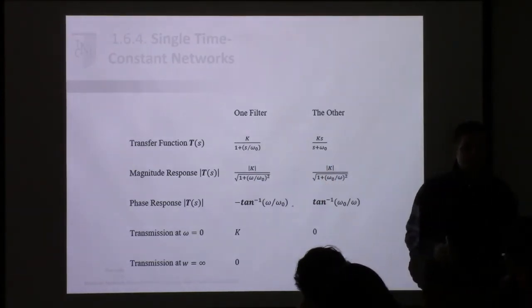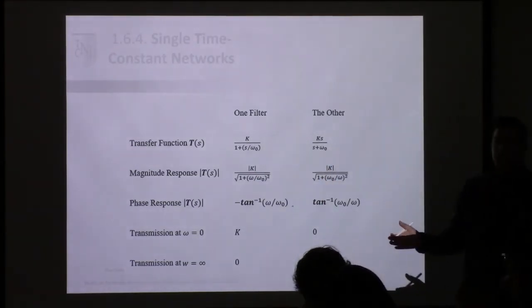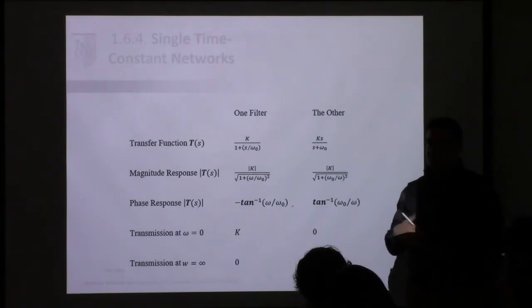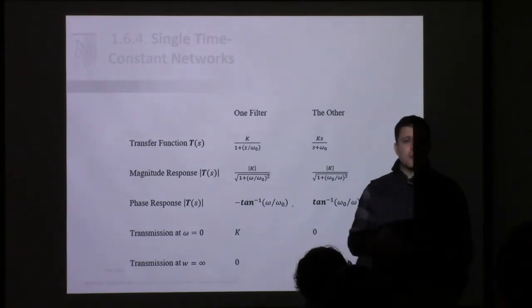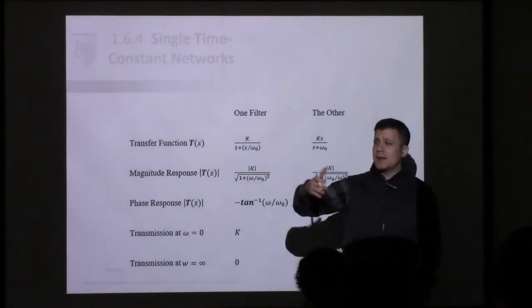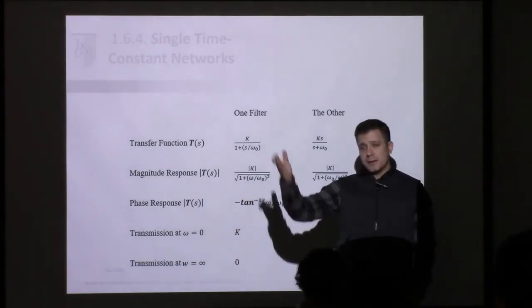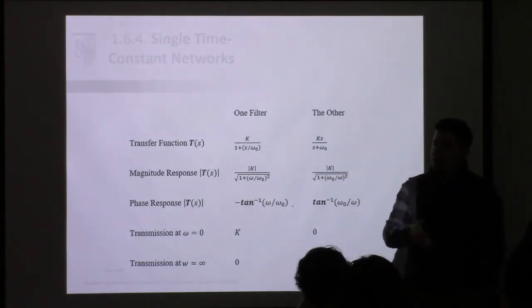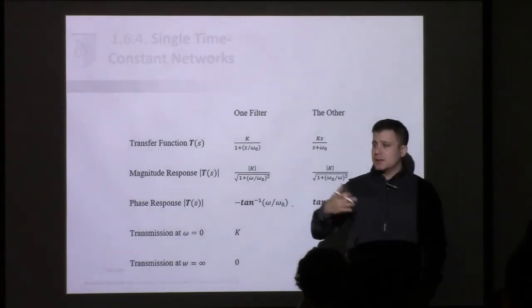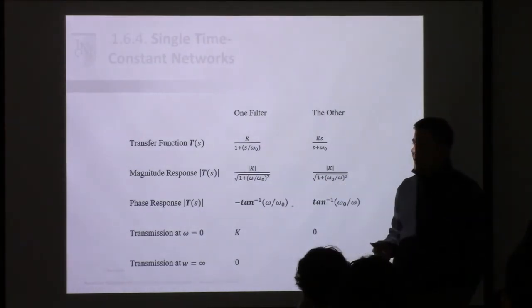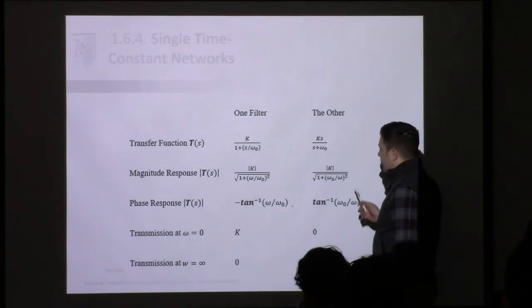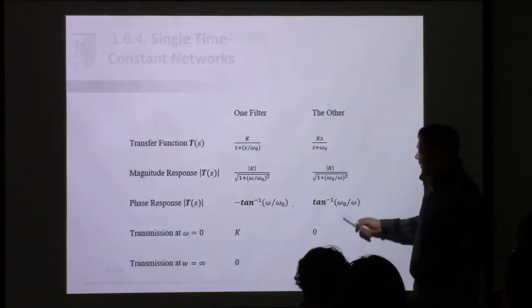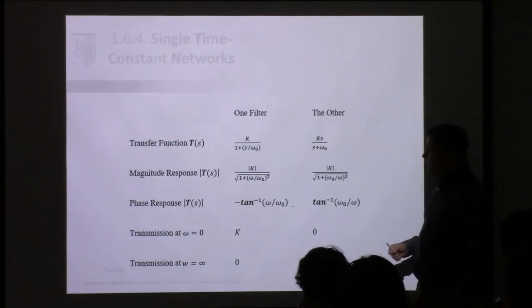So if we're trying to cut out a lower frequency, let's say 10 hertz, now we better make our cutoff frequency significantly higher than that, right? Because the low part will be cut off. So if we're trying to get rid of 10 hertz, we want to make sure our cutoff frequency is 100 or 1,000 hertz, somewhere along that line. This is the magnitude of the response. This is the phase of the response.